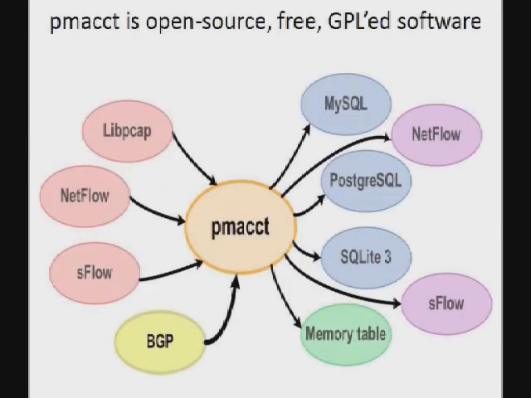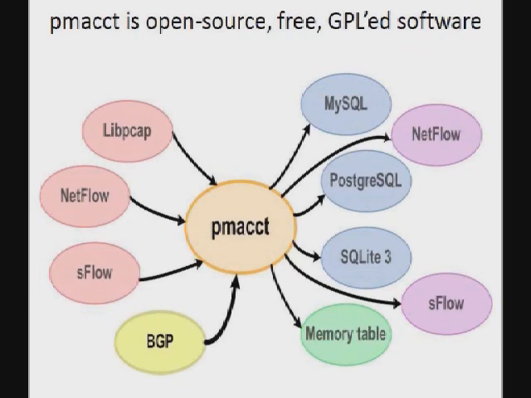So let's start from the tool. What is a good enabler to build a traffic matrix? I'd say PMACCT, which is open source, free software. PMACCT, a very poor choice of name. It's an IPv4, IPv6 accounting package.